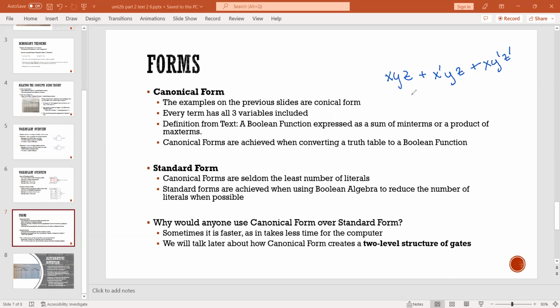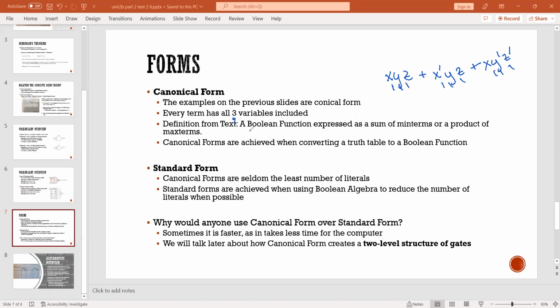So some things to note about it is that now if you had more variables, every single one would have the number of variables required. So I wrote 3 in here, but if there was 4, they would all have 4. So in this form, all of these have all 3 terms. 1, 2, 3. They all have all 3 terms. That's part of being in canonical form.